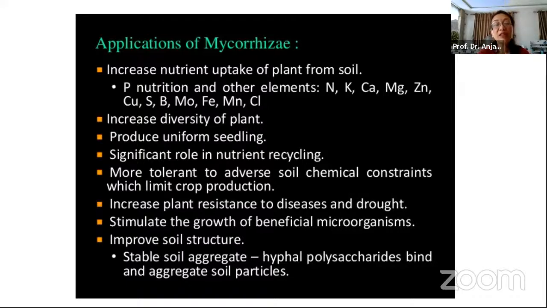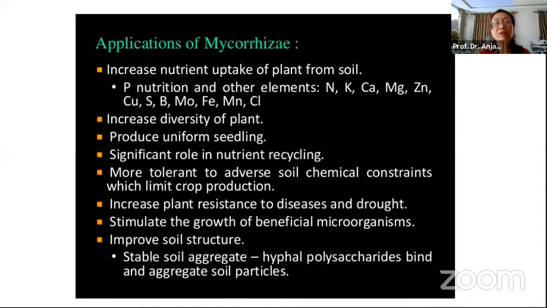And it will stimulate the growth of beneficial microorganisms. As I have already told you, besides mycorrhizae, there are other fungi which are very important for the plant's growth. And there are other bacteria also, like you have been studying from bachelor's level, that there are some kind of PGPRs, right? Plant growth promoting rhizobacteria.